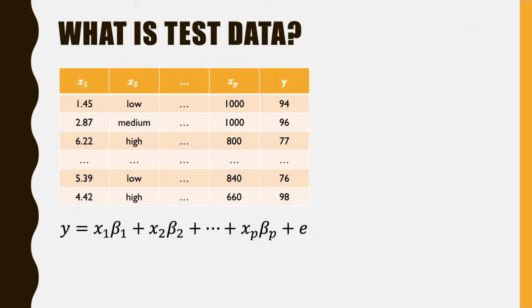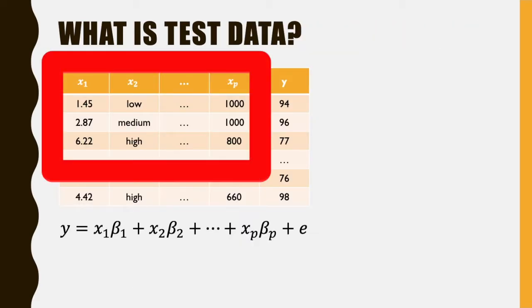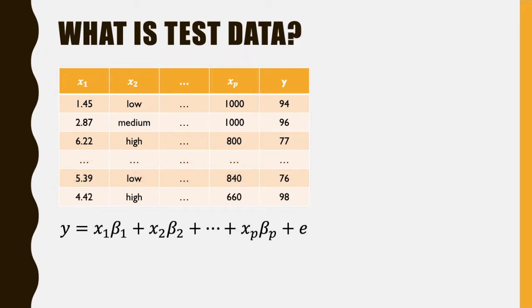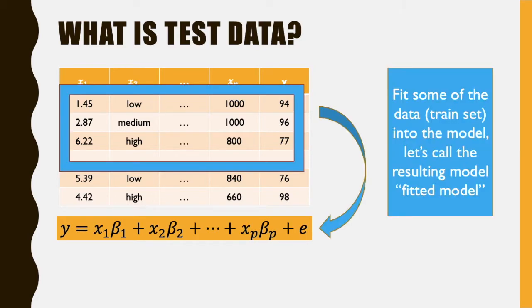Here is an example. Let's say we have p x values or p independent variables and one y variable or one dependent variable. We use a linear model of the p x variables to predict y. Instead of inputting all the observations into the model and use R-squared value to measure how well the model performs, we use some data to fit the model.